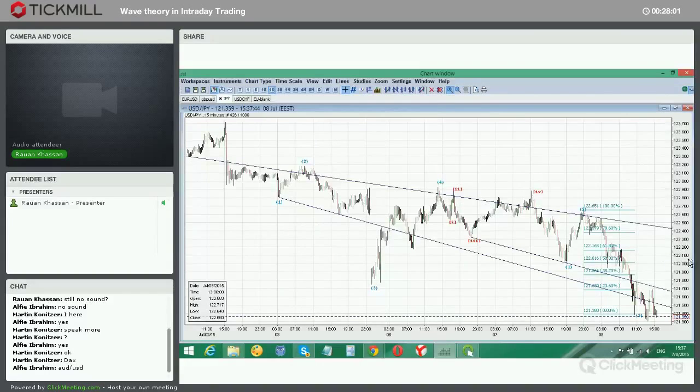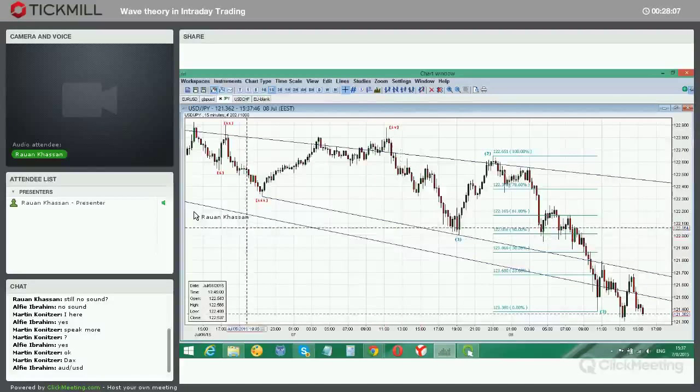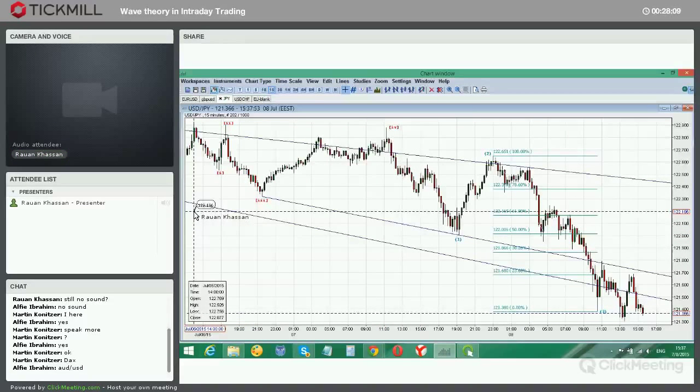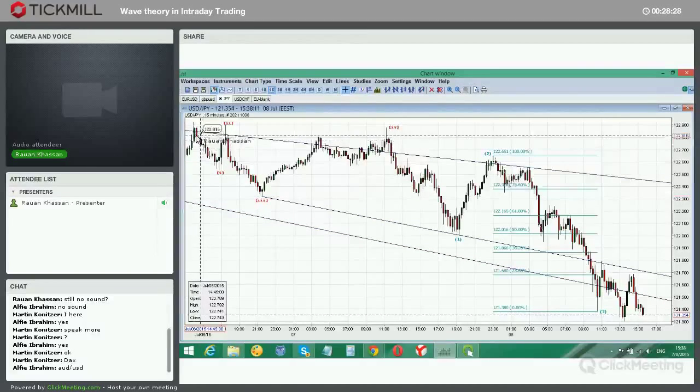So this gives us an understanding that from today's Monday, the fall of the pair is connected with the development of the final fifth part of wave number 5. It is structured in the following parts.